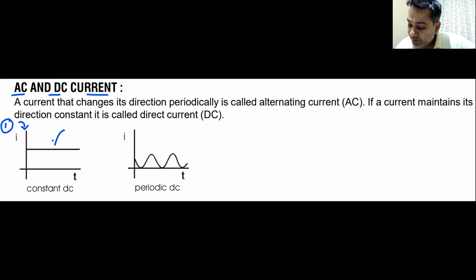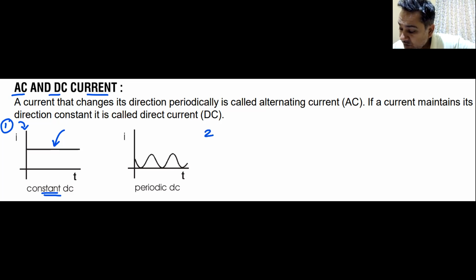This current is remaining constant with time. This type of current or voltage is known as DC current or DC voltage. Do we understand this?